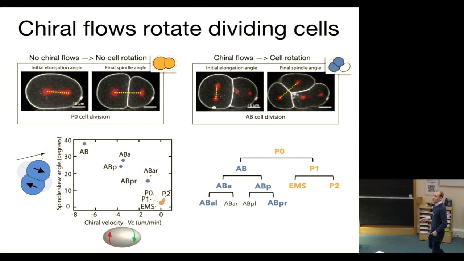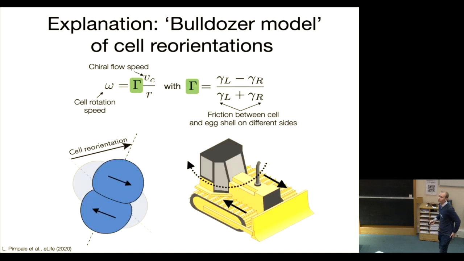And the physics question is, what are the torques essentially in this problem that translate these flows into the rotation of the cell? And I spare you the details, but I tell you what we arrived at after evaluating carefully how the torques balance in such a process: what we call the bulldozer model of cell rotations. And I'll briefly explain why.